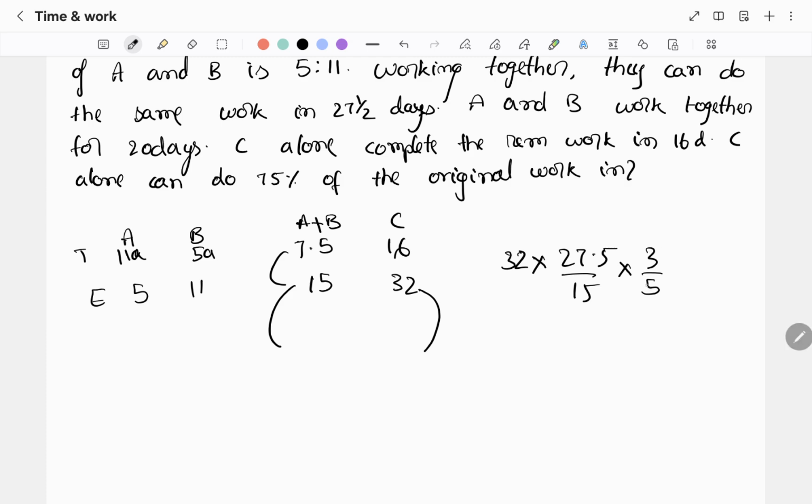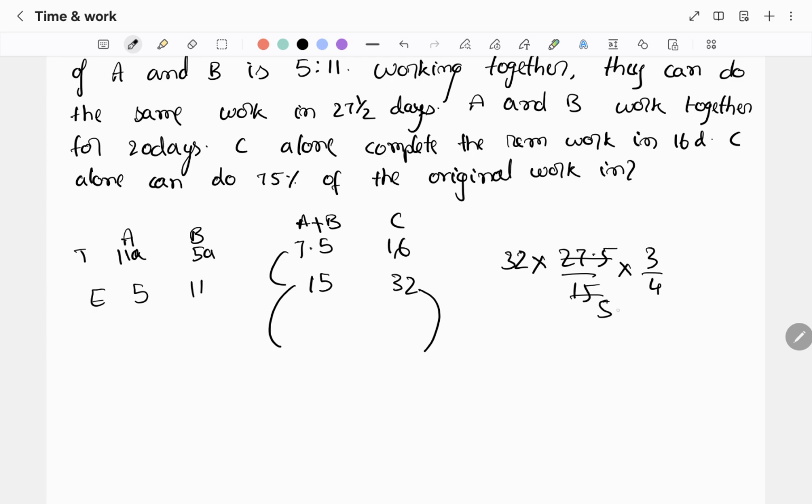So 3 ones, 3 fives, 5 fives, 25, 25, 1 and 0.1. So if you multiply 11 into 32, actually 75% is 3 by 4. I did a wrong calculation. 3 by 4.